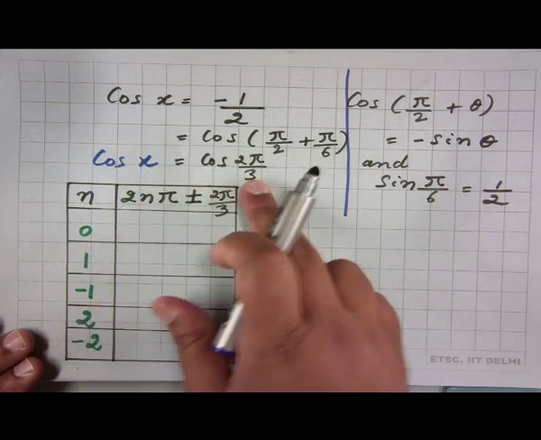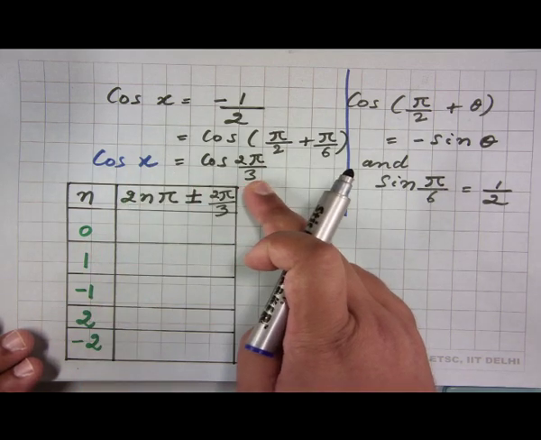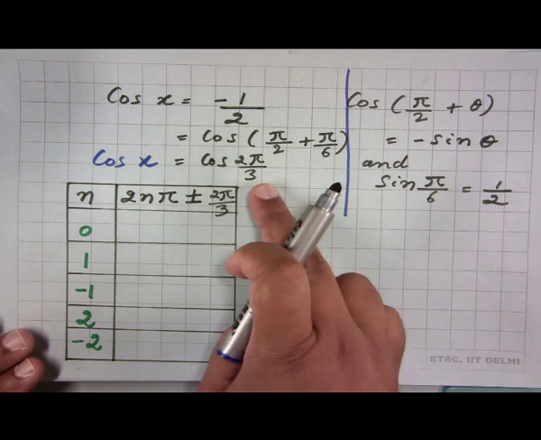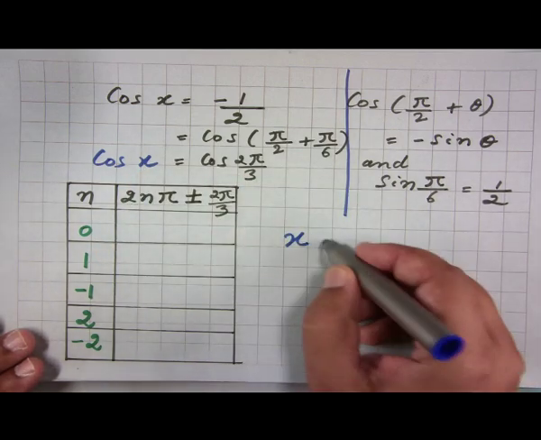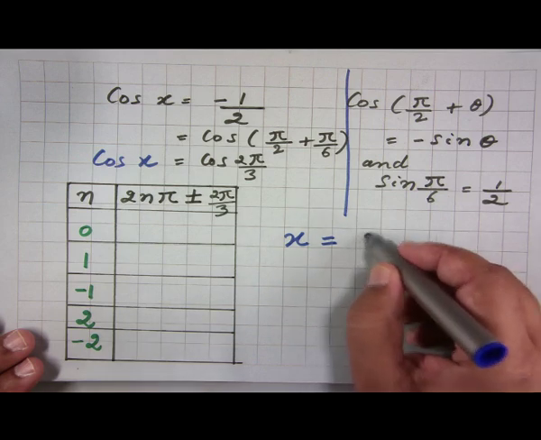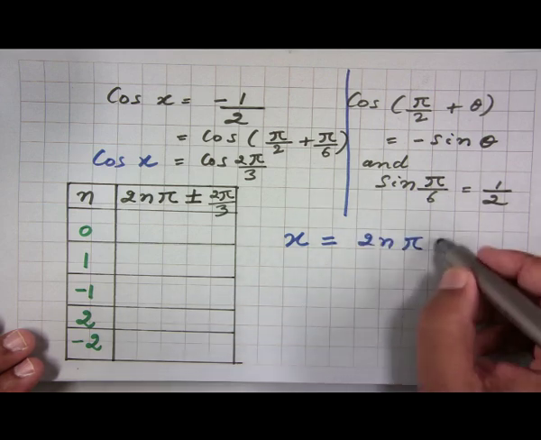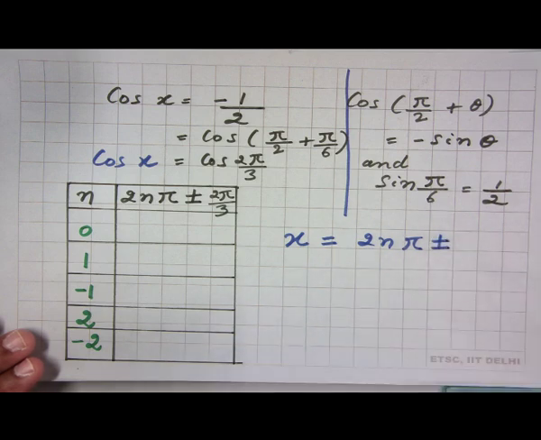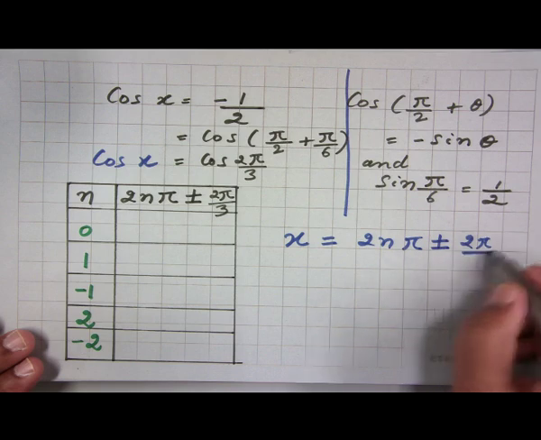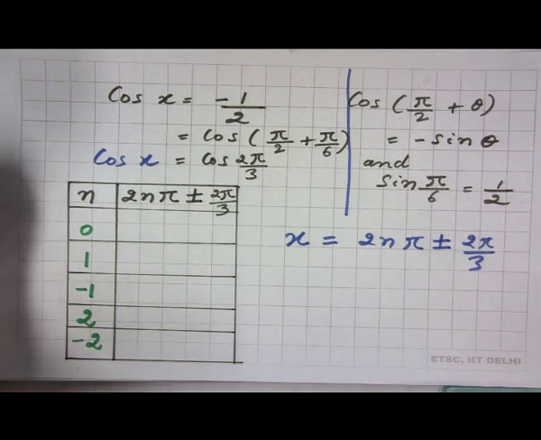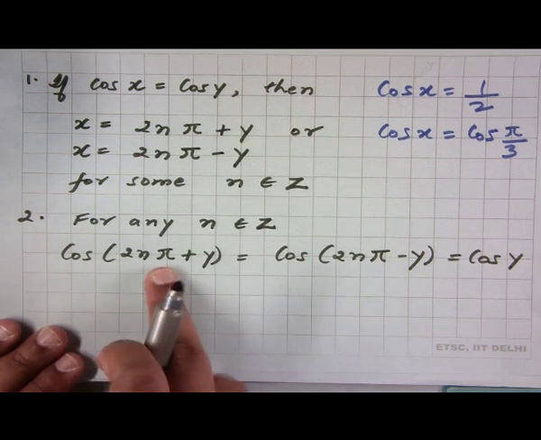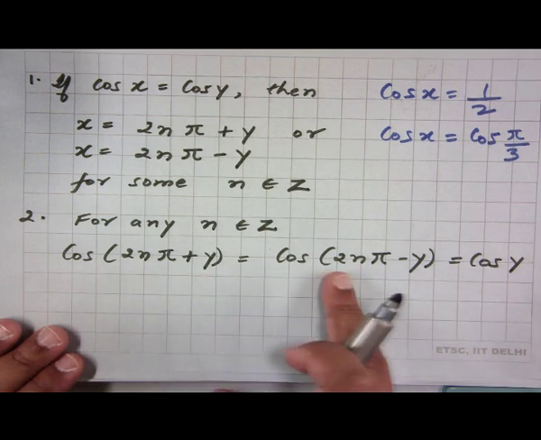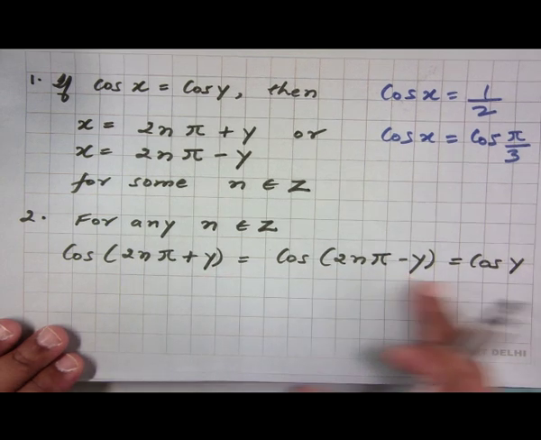Cos x equal to cos y, which we just saw now, where y is equal to 2 pi by 3, and therefore, the general solution is x equal to 2n pi plus and minus both 2 pi by 3. Because if you remember, we had proved that for any integer n, cos of 2n pi plus y is equal to cos of 2n pi minus y is equal to cos y.